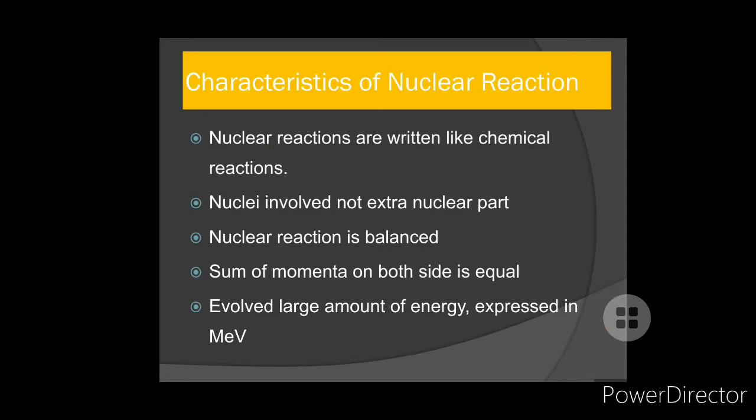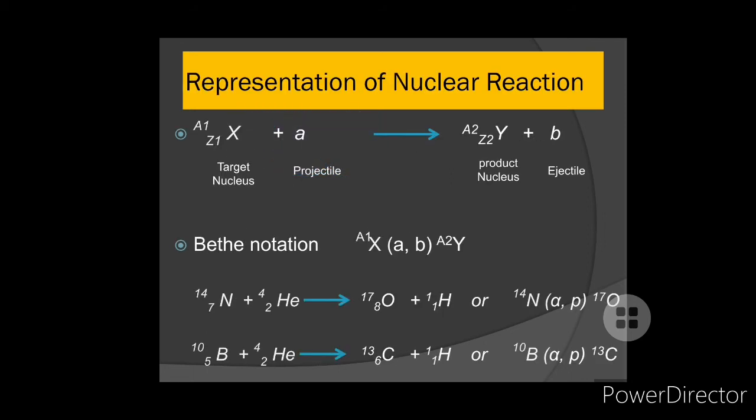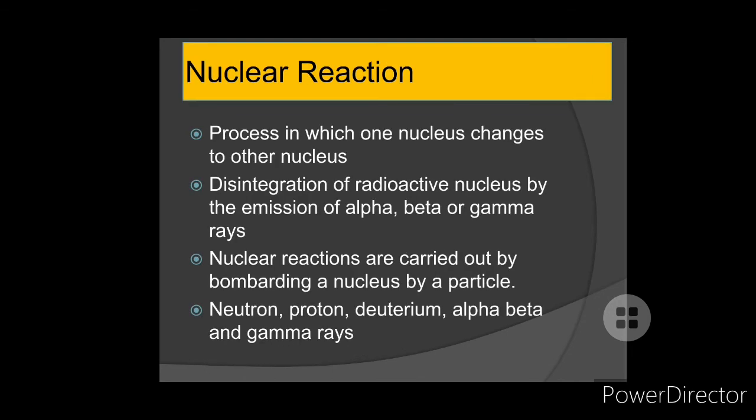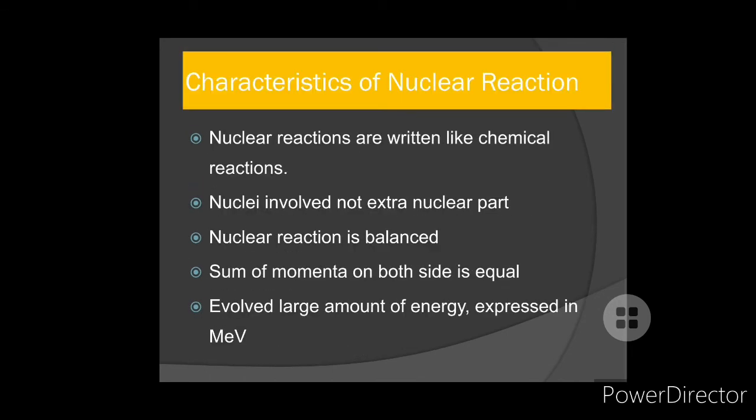Now the characteristics of nuclear reactions. Nuclear reactions are also written like chemical reactions with the help of an equation. In nuclear reactions, the nuclei are involved in the reaction and not the extra nuclear part, meaning the electrons.